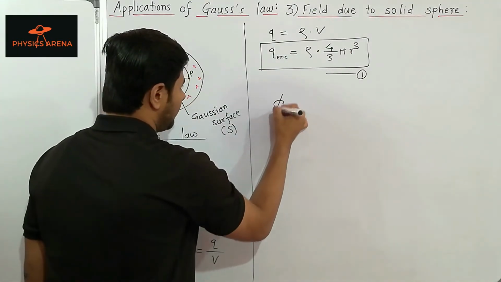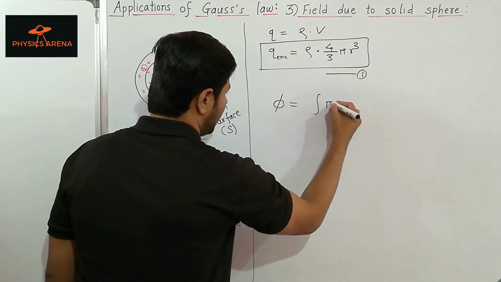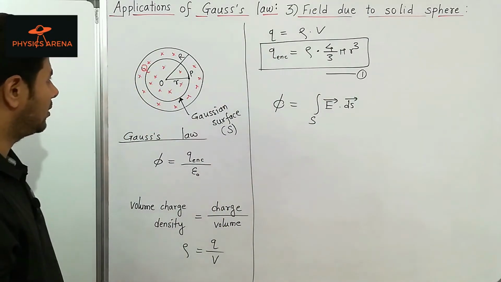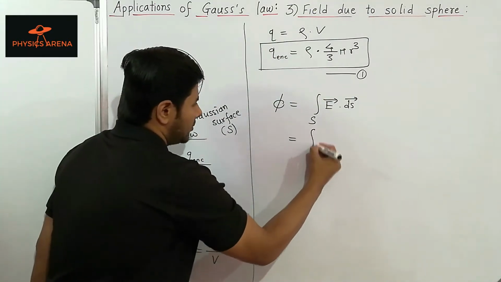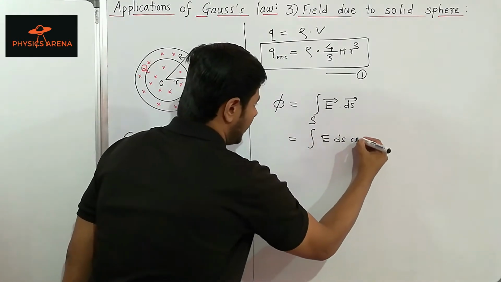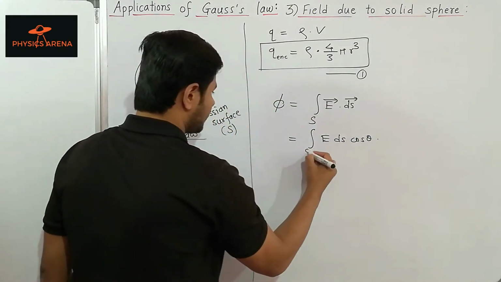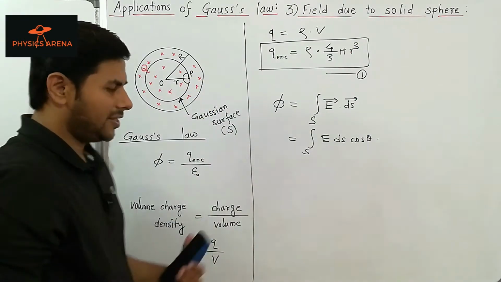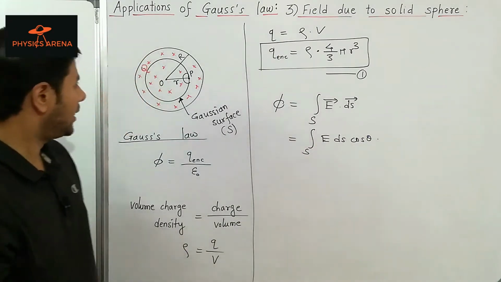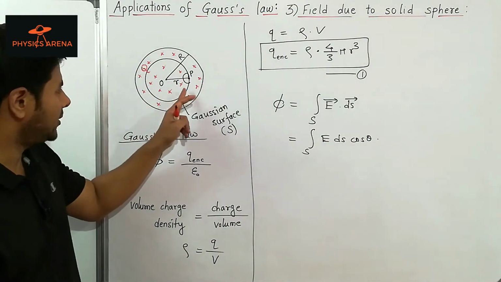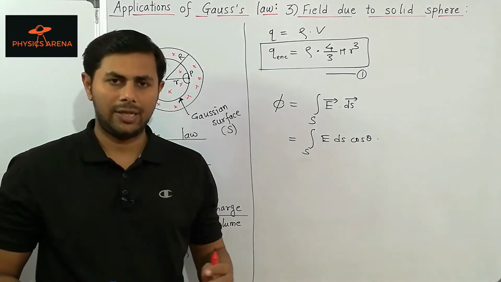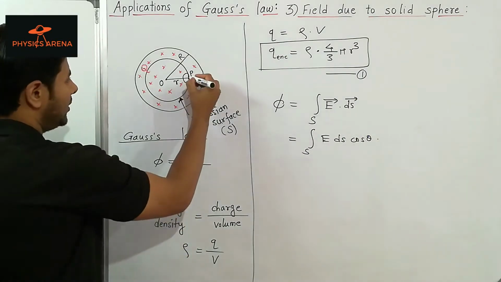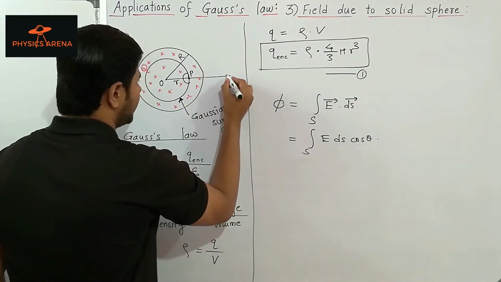Now we know that phi is equal to the integral of E bar dot ds bar over the Gaussian surface. So it is E ds multiplied by cos theta. Again we can argue in the same way as before that the electric field at each and every point of the Gaussian surface is equal in magnitude and radial in direction. So the electric field at point P would be in this direction.